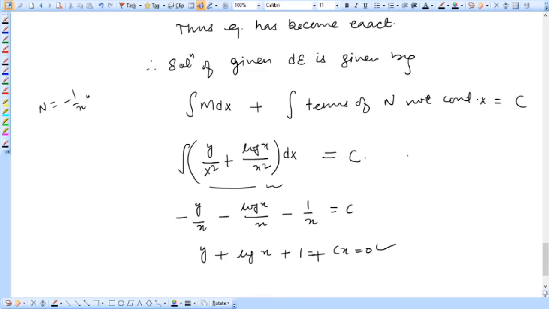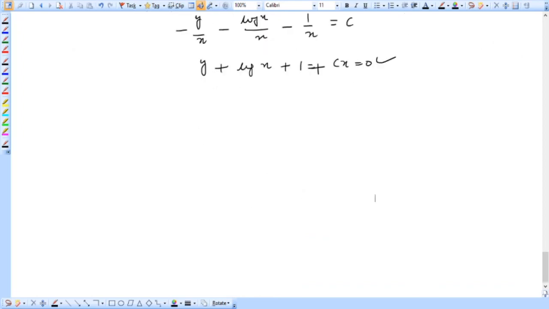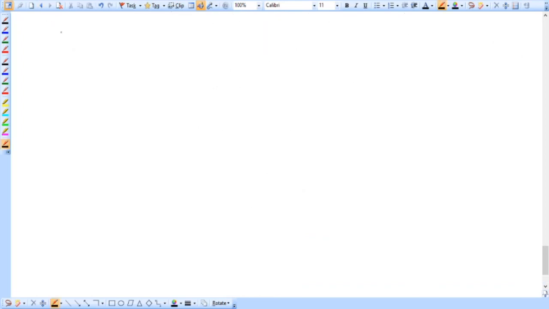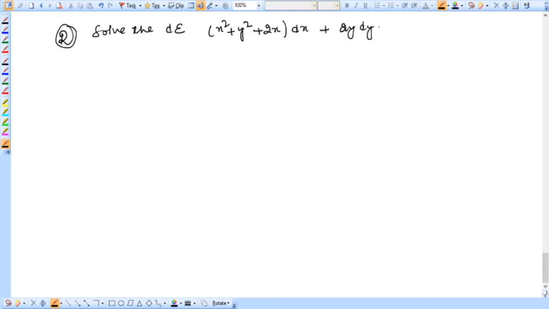Now problem 2. Solve the differential equation x square plus y square plus 2x dx plus 2y dy equal to 0.